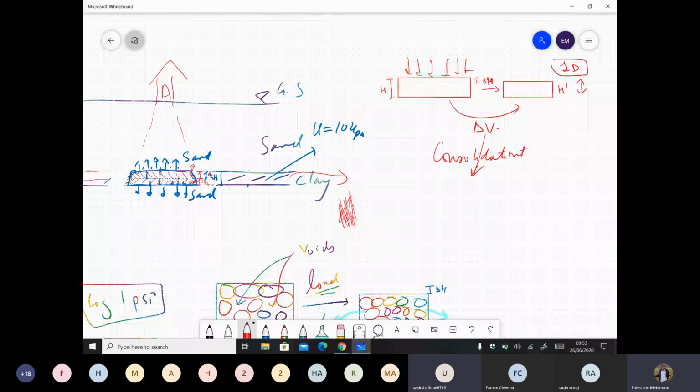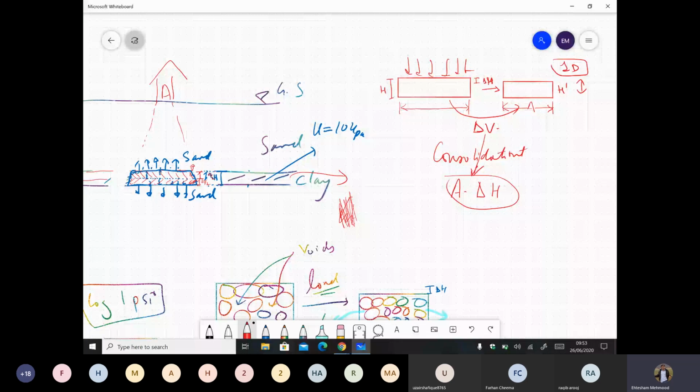Actually, if I want to write this delta V in components, I can write A into delta H, because the area, that is the area of the consolidation ring, remains constant. Because of the steel ring on the side, the cross-sectional area A, the area of the consolidation ring, remains constant.